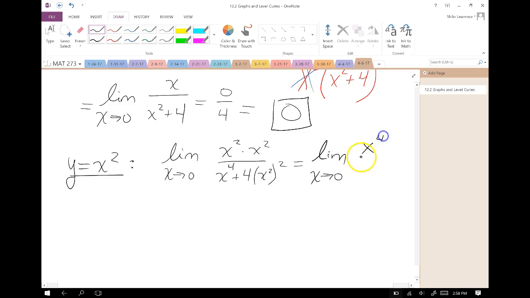So this is x to the 4th in the top, x to the 4th plus 4x to the 4th in the bottom, which is really 5x to the 4th. And those x to the 4ths can cancel.